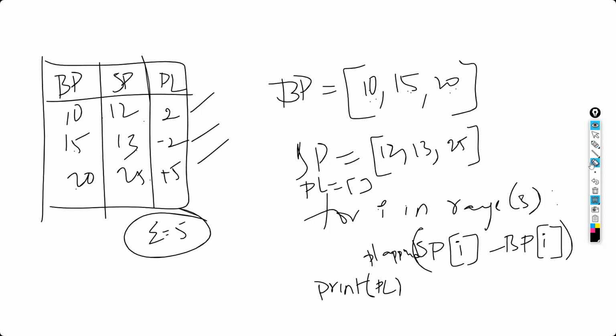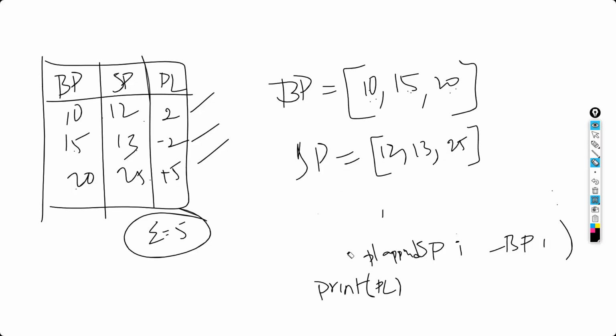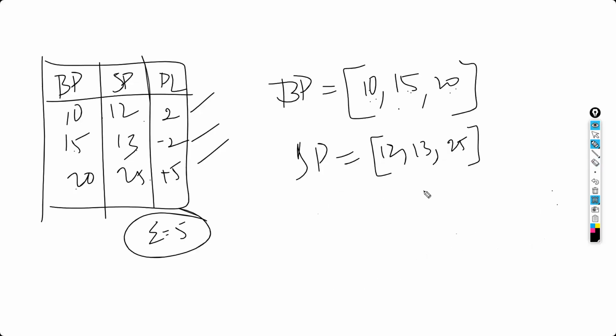Now, if you have to do the same thing with arrays, first you convert this one to an array and this one also to an array, and you take PL is equal to SP minus BP, that is selling price minus buying price. And if you want the sum, np.sum of PL. Just in two lines it will be completed. np is NumPy.